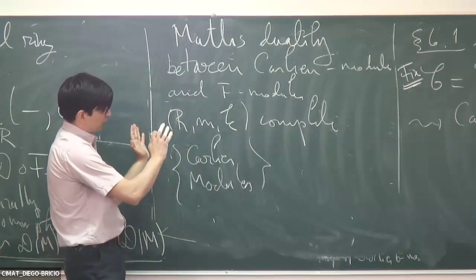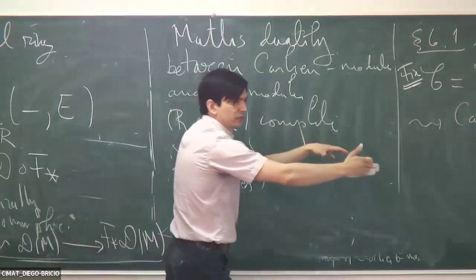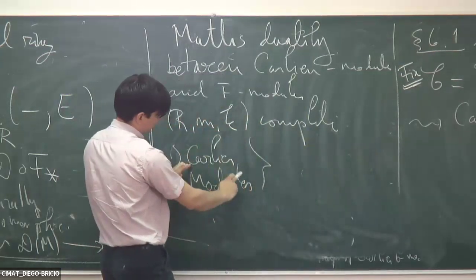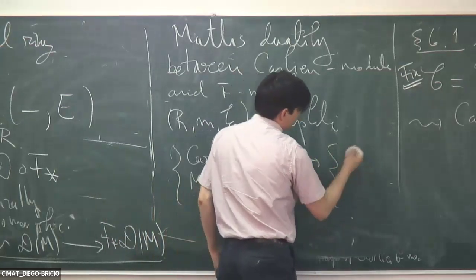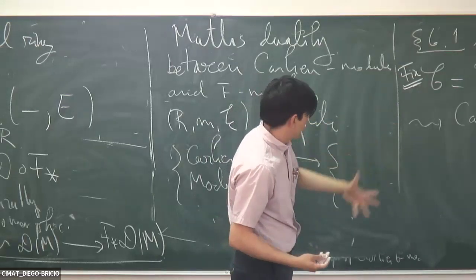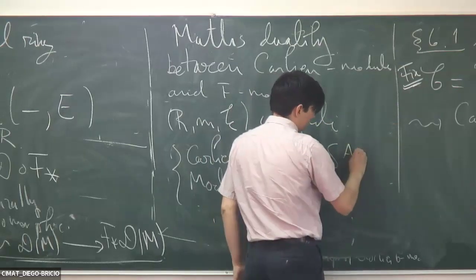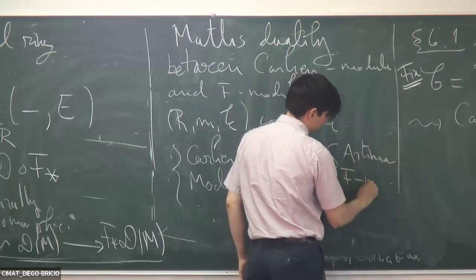You remember that Matlis duality was between Noetherian modules and Artinian modules, right? So here the Cartier already has the Noetherian part in it. And so it depends if we define the modules as Artinian or not. I really would like to do that, but just to emphasize, I'm going to say Artinian F modules.